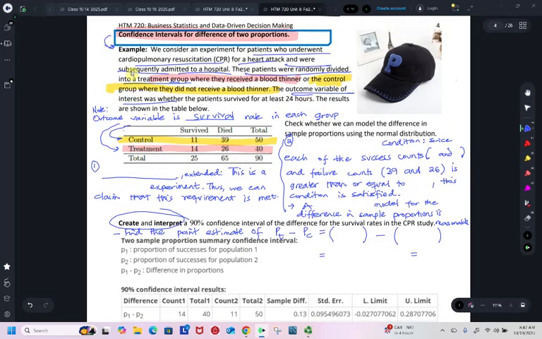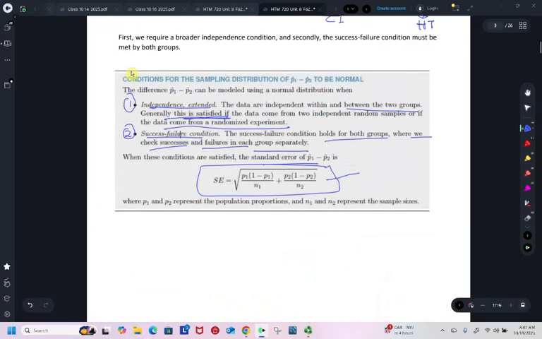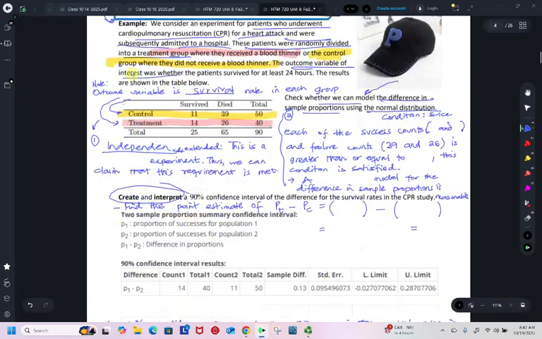The first step is to check whether we can model the difference in sample proportions using a normal distribution. The first step is to check for independence of the two groups. This ties well with the requirement pointed out earlier. And how do we check that?